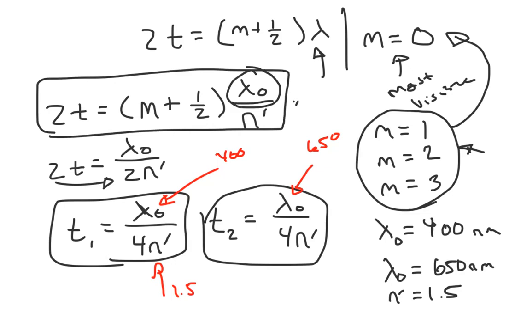Then get the electromagnetic spectrum range and look at the numbers you're getting. If they fall in the visible range, those are the other colors you're going to see. That's the other part of this question I didn't write. He just says, what other colors might you see? The other colors you might see come from solving m equal to 1, 2, and 3 for lambda naught. Does that make sense?